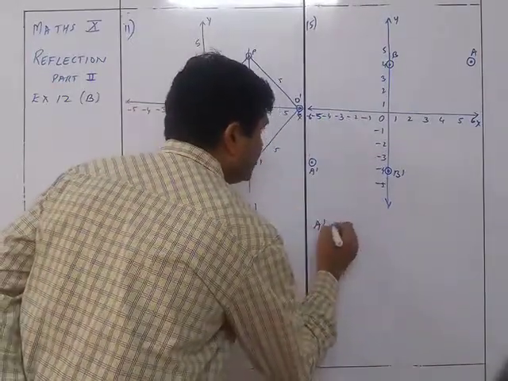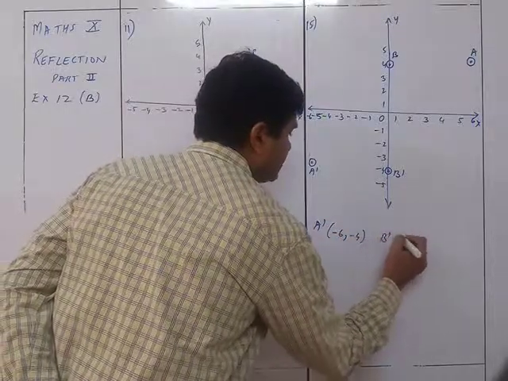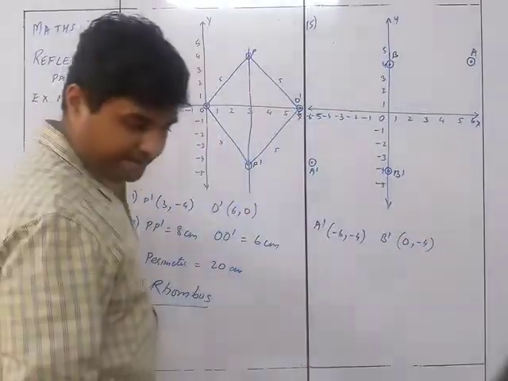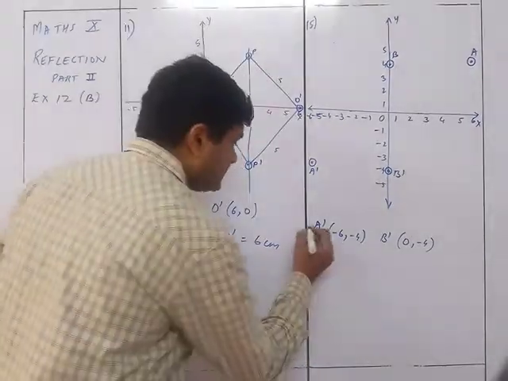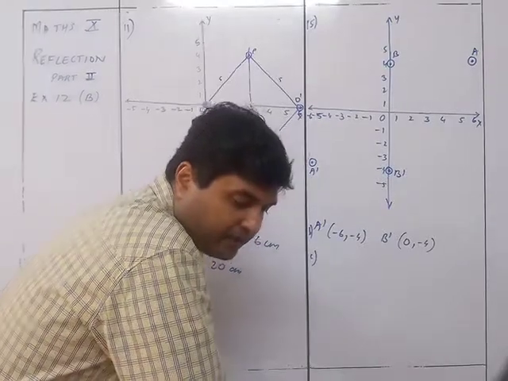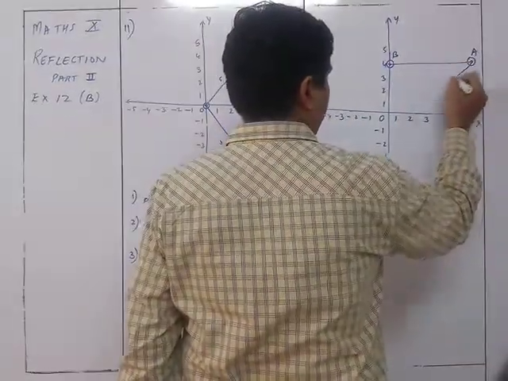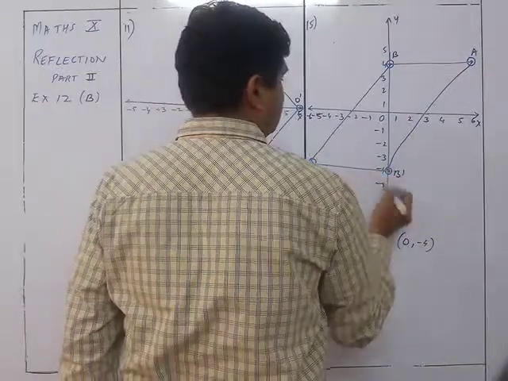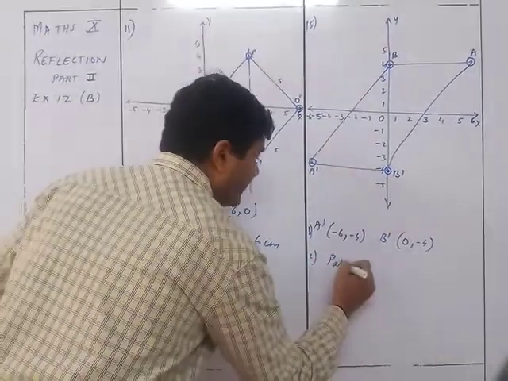So A dash is minus 6 comma minus 4 and B dash is 0 comma minus 4. Now state the geometrical name of the figure A, B, A dash, B dash. What is it? A parallelogram. So it's a parallelogram.